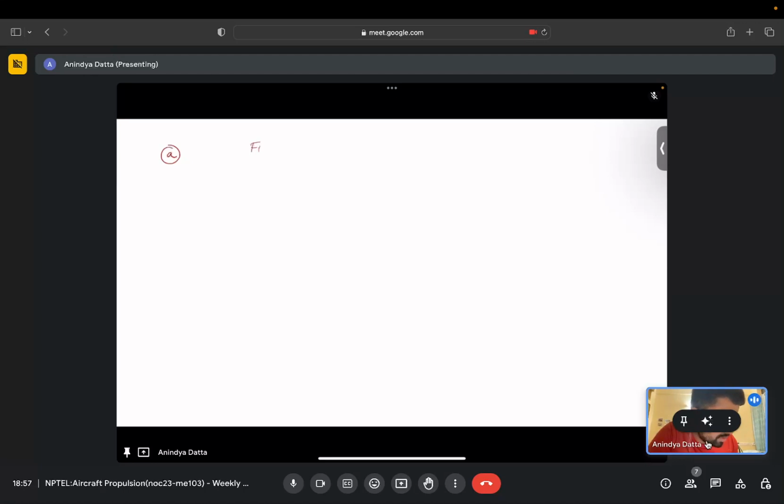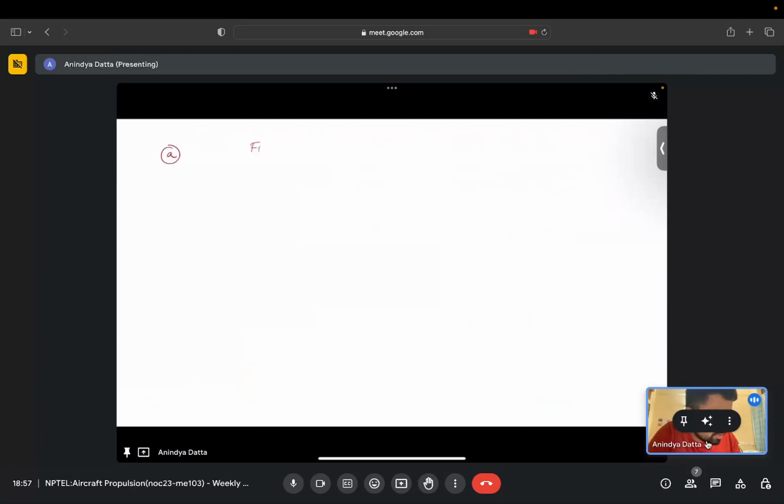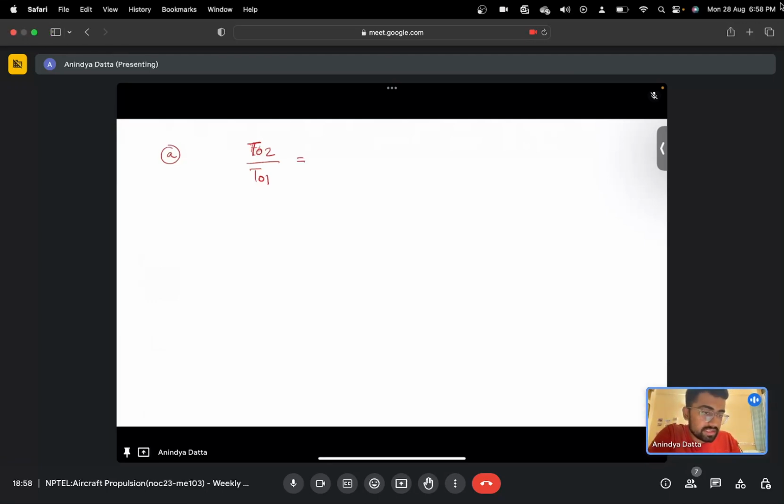If I draw the schematic of the compressor, the inlet is T01 and the outlet is T02. So T02 divided by T01. Now this is a non-isentropic process, but we can express this in terms of pressure ratio as rp to the power (n minus 1) by n, which is rp to the power (gamma minus 1) by (eta c infinity times gamma).